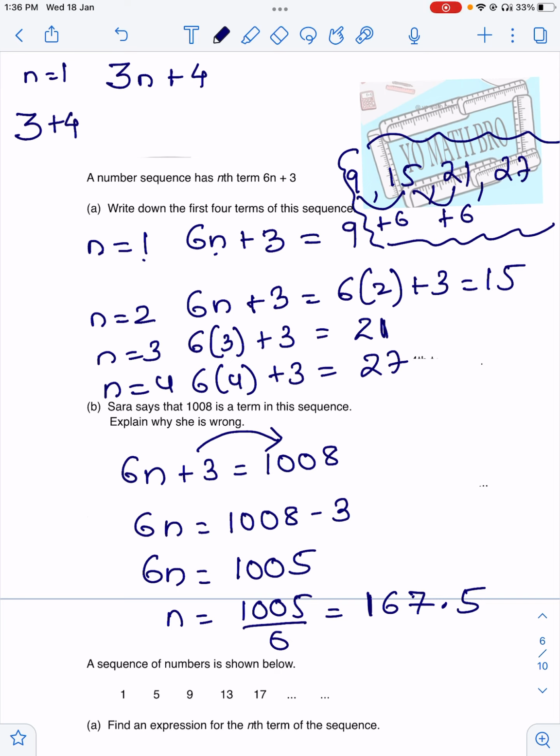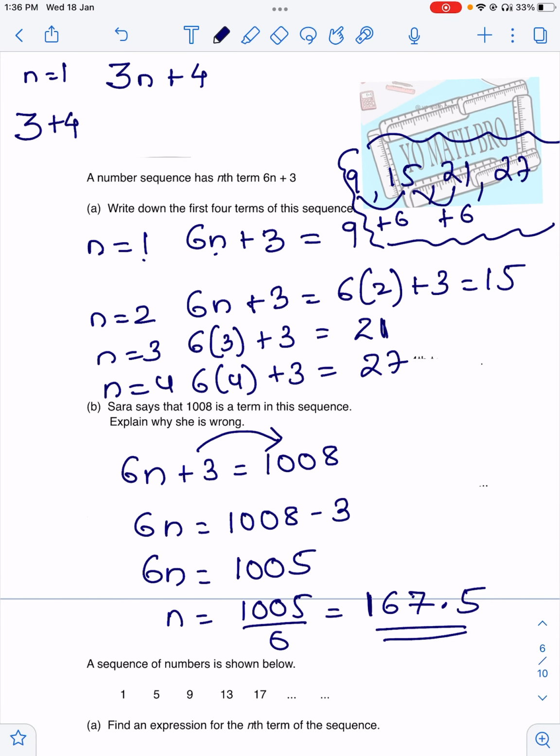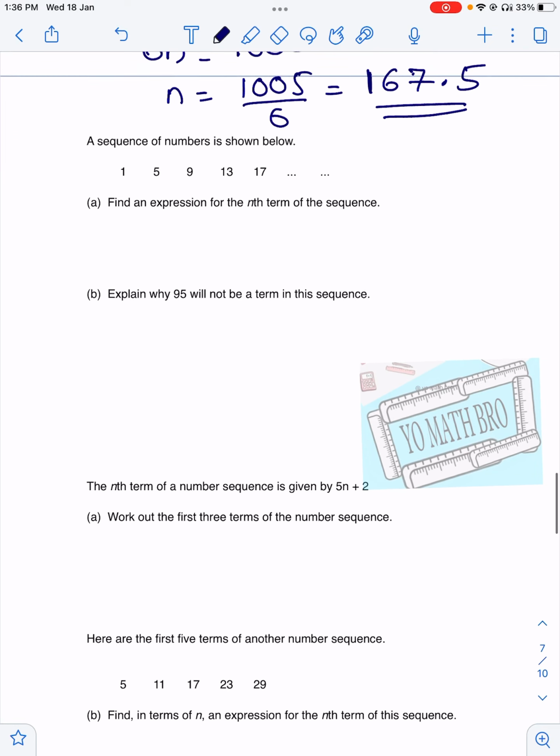If you see, you are not getting a whole number. So why is Sarah wrong? Because when I solve this linear equation, n is not a whole number. So she is wrong.